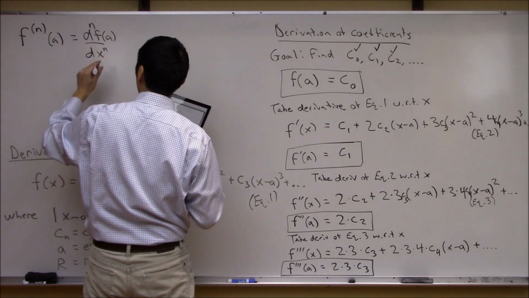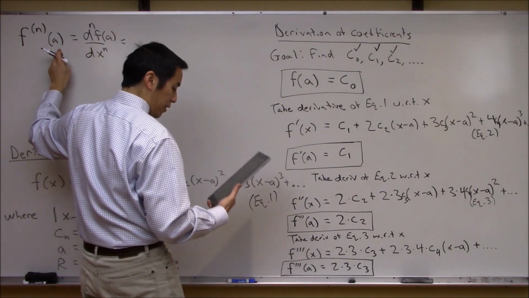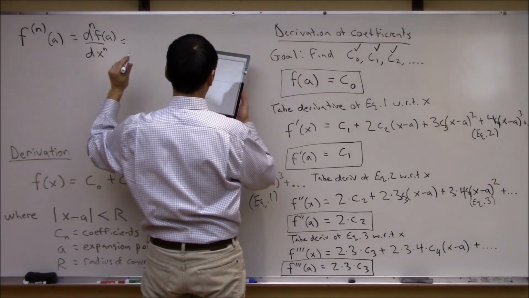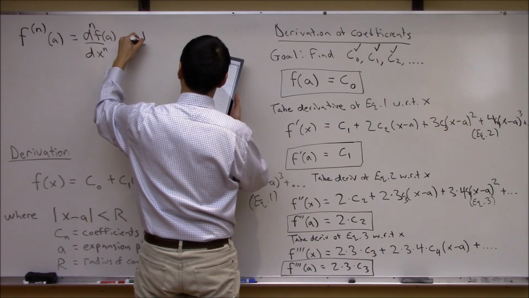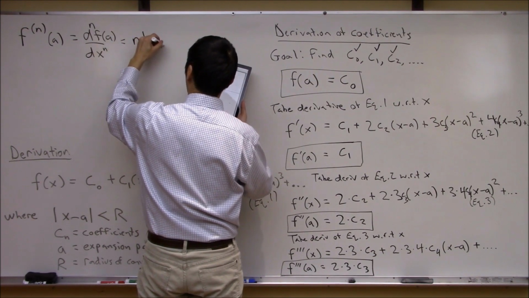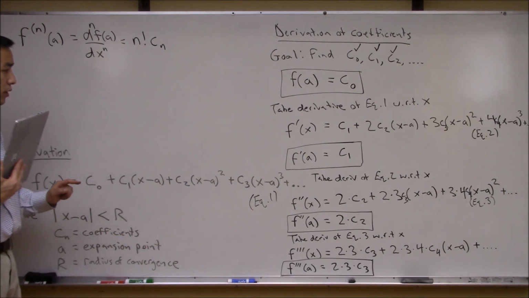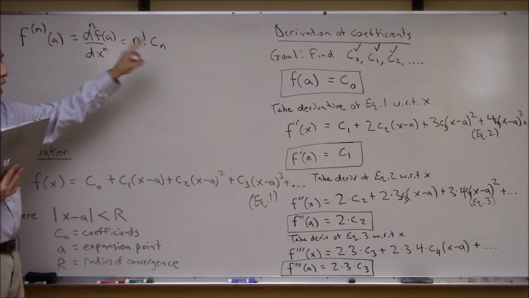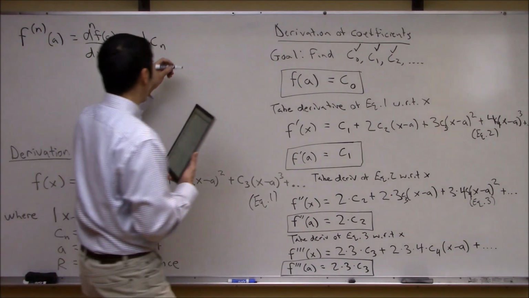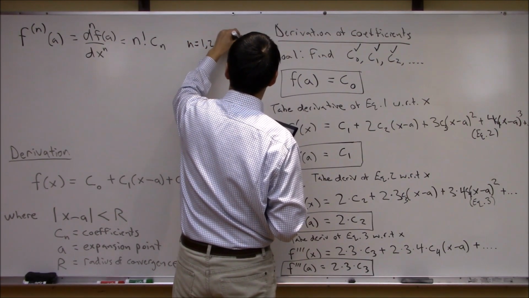But the pattern you end up seeing is that this ends up being n factorial times c to the n, right? Does everyone see that's the pattern that evolved out of this? So this coefficient that we're looking for, c to the n, whichever one we're looking for, is for n equals 1, 2, 3, all the way up to infinity.